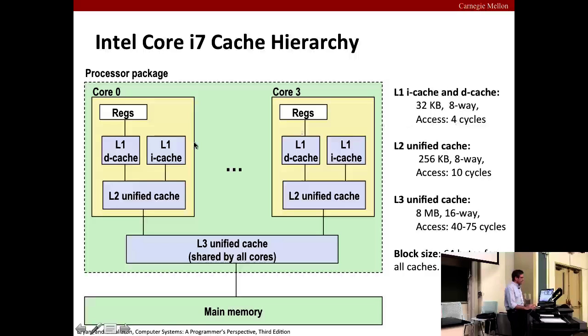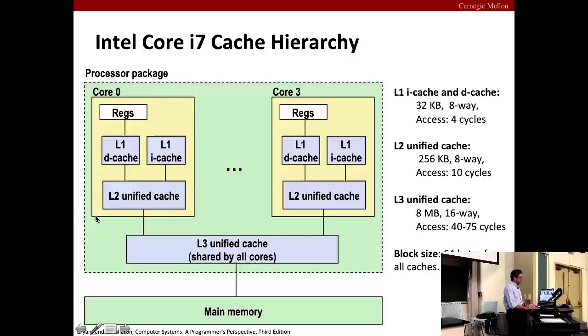The next level of the hierarchy is an L2 cache, which is still fairly small, 256 kbytes, same associativity, and it has a slightly longer access time. And it's unified in the sense that the L2 cache contains both data and instructions. Okay. So that's all within a single core on the chip.